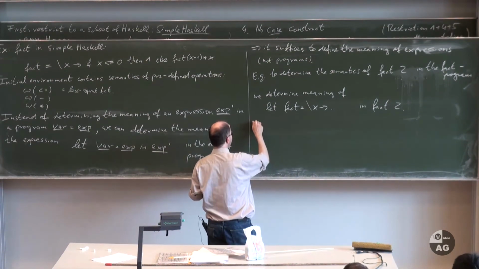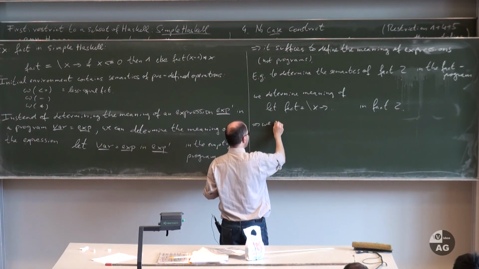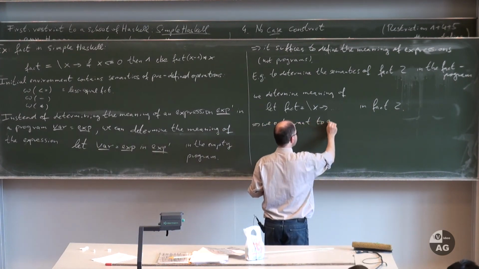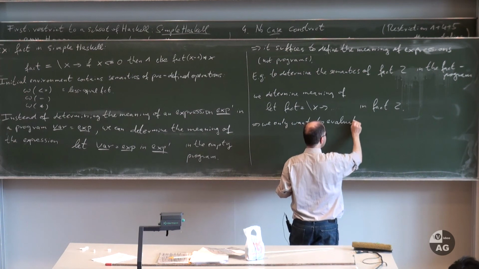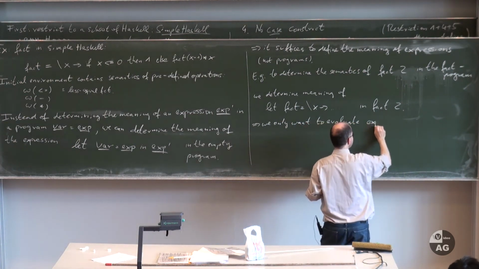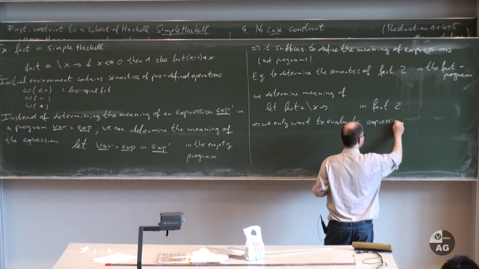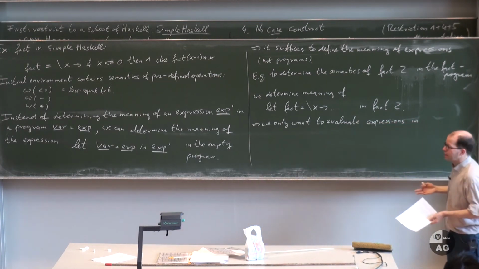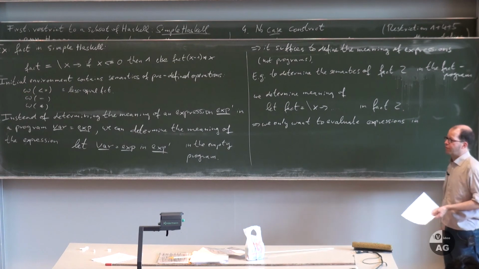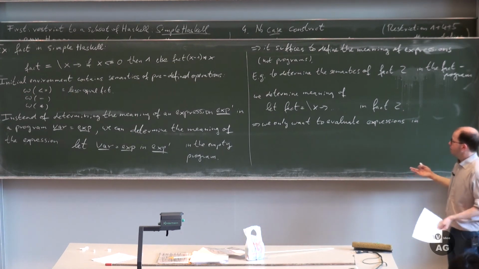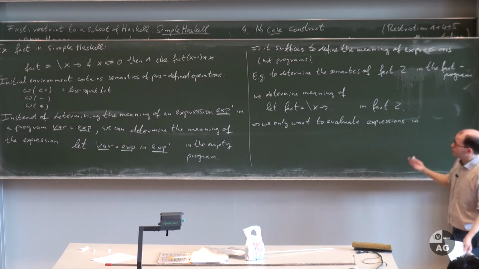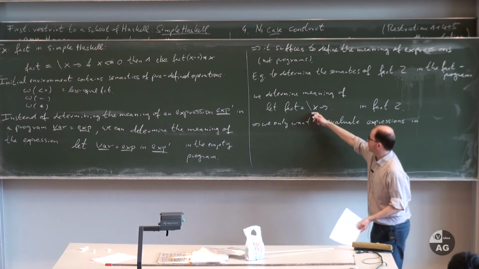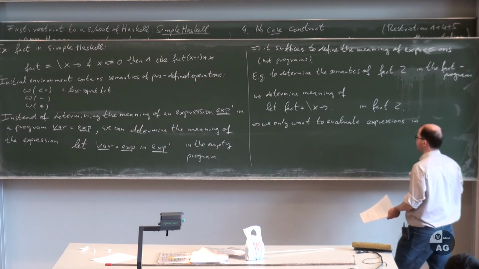So we only want to evaluate Haskell expressions in environments which define the meanings for all their free variables. So all the variables in here, they must be either predefined and then they're defined already in the initial environment, or they must have been defined before in this local declaration.